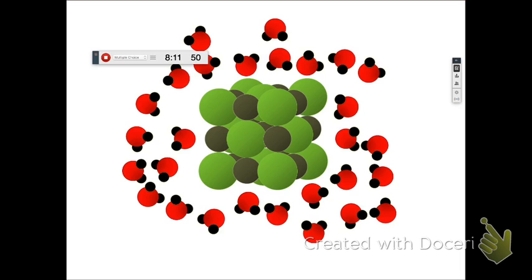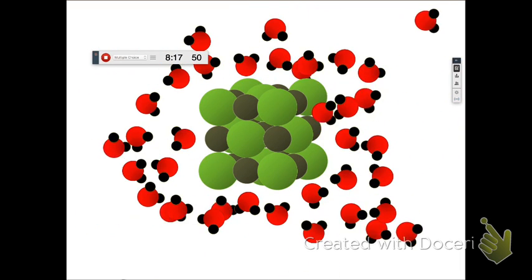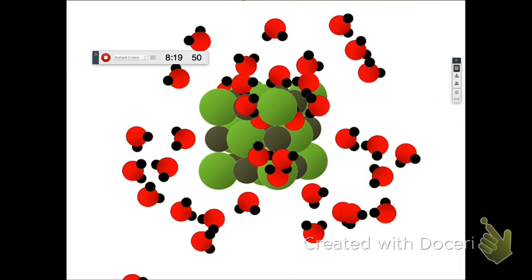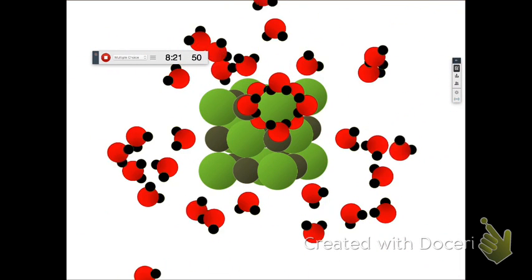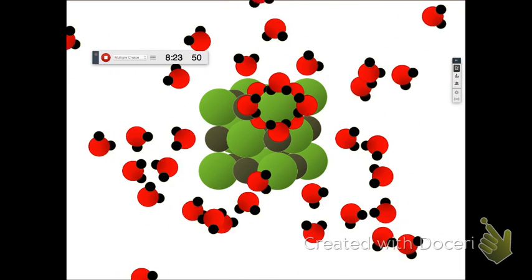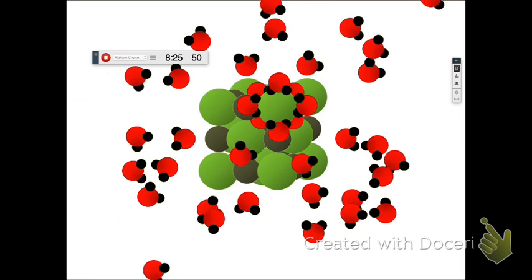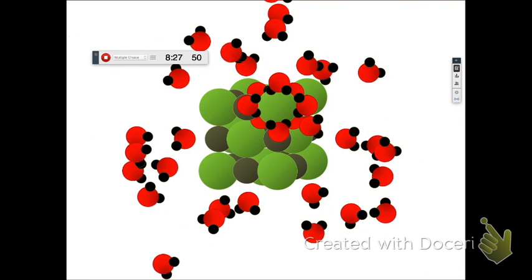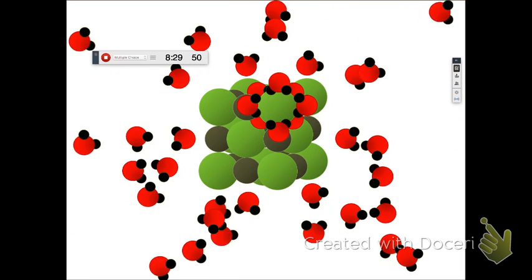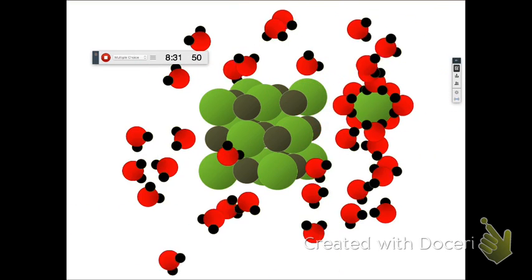So we have a simulation of something similar here. The larger and smaller ones, this is sodium chloride. In a solution of water, we have a brick of sodium chloride. The larger one is the one with a negative charge. It has more electrons than the neutral element.